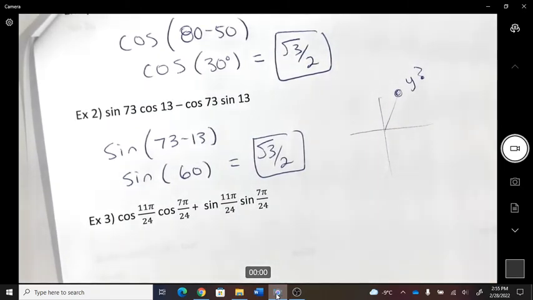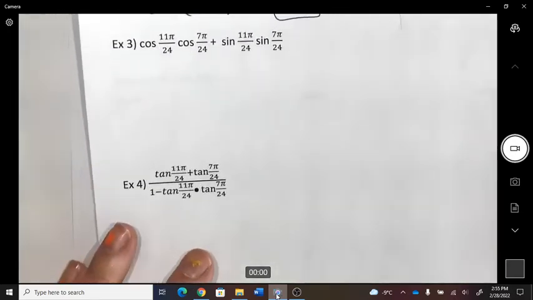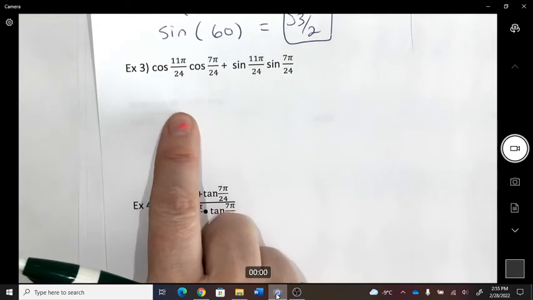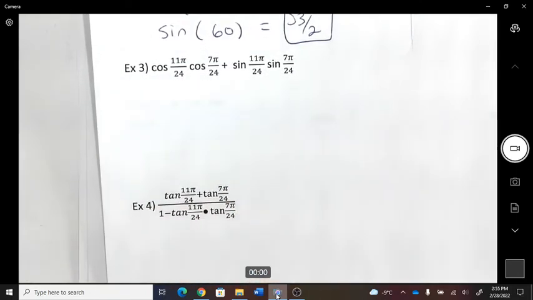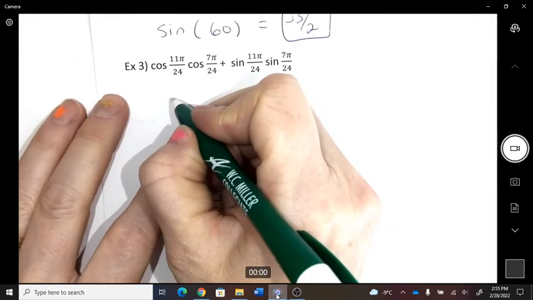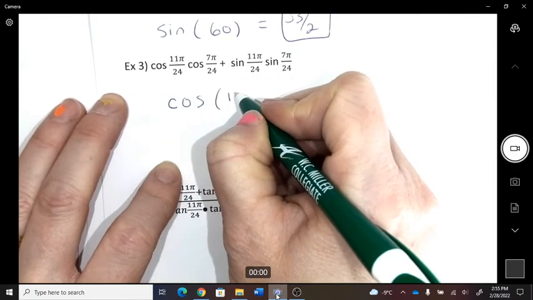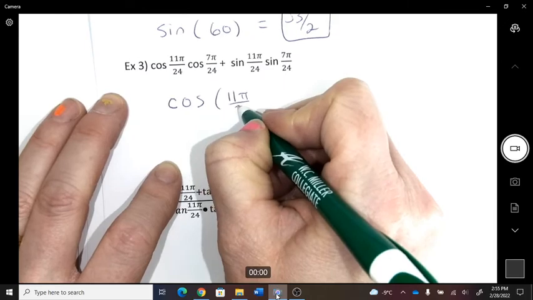Okay, last one. Okay, what formula? This is a cos cos plus sine sine. So which formula is that one? Cos cos plus sine sine. Did you get a subtraction?